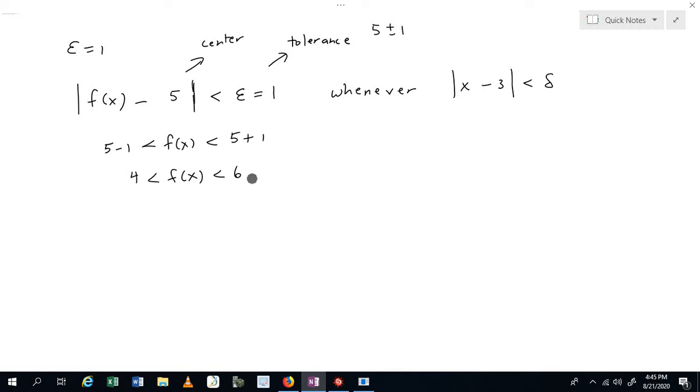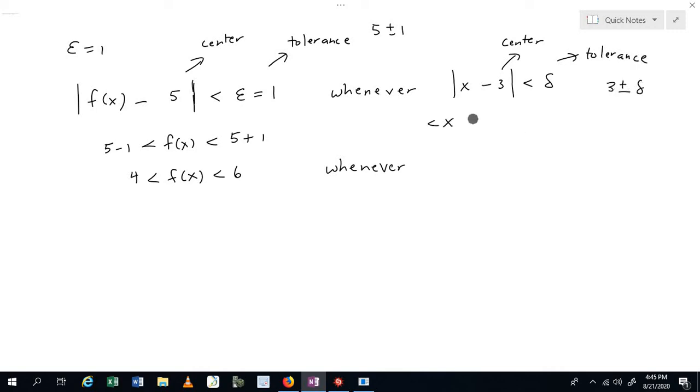We've got to show that this happens whenever the distance between x and 3 is less than some delta, and we have to find that delta. Okay? Well, let's interpret this. Let's see, this means 3 is the center, and this is the tolerance delta. So 3 plus or minus delta.